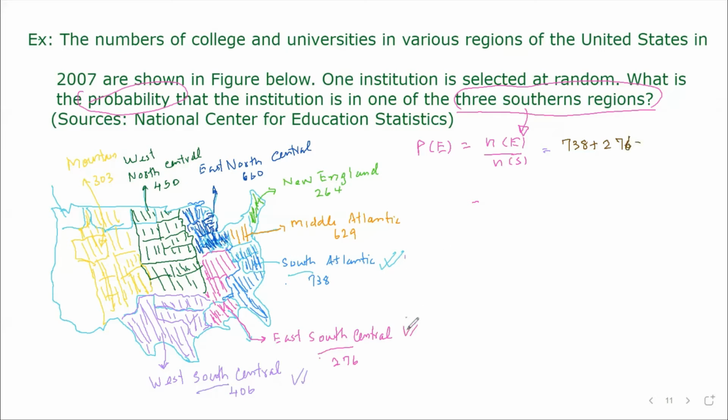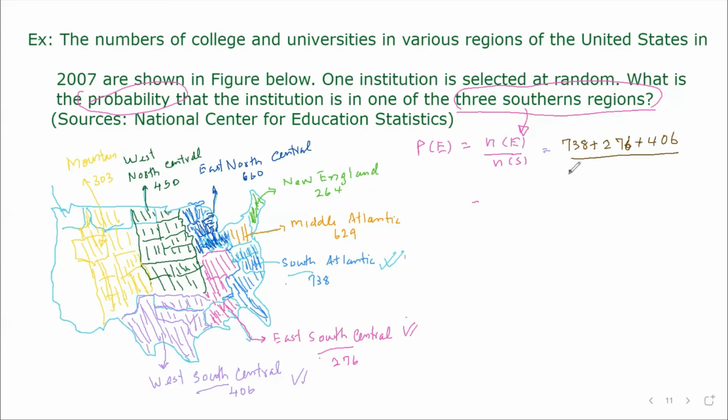I mean this one, the pink one, and the West South Central is 406. Then divided by NS. That means you have to sum all the information we have. This is NS, the total number of the experiment. That means all the data we have here.